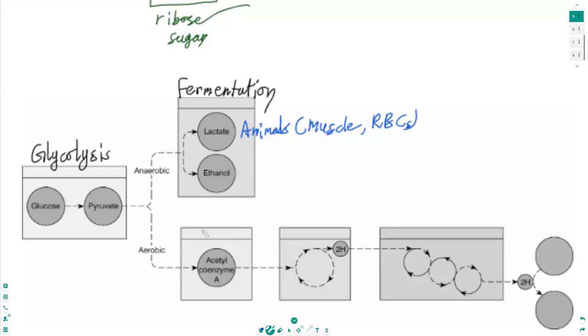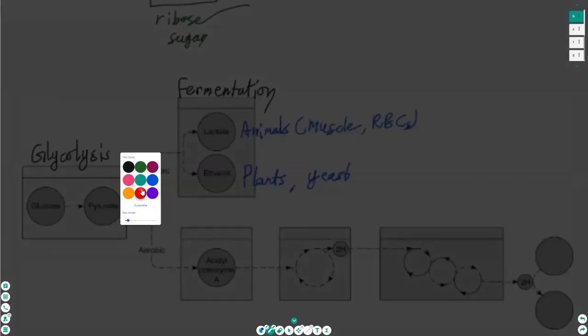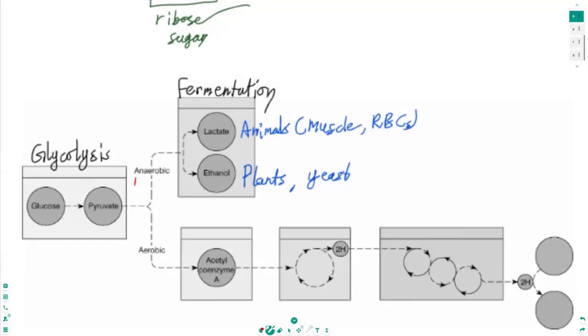So that's lactate fermentation, and also there's ethanol fermentation, which is done in plants, as well as certain fungi, such as yeast. So that's when there's no oxygen available. So this is no O2.